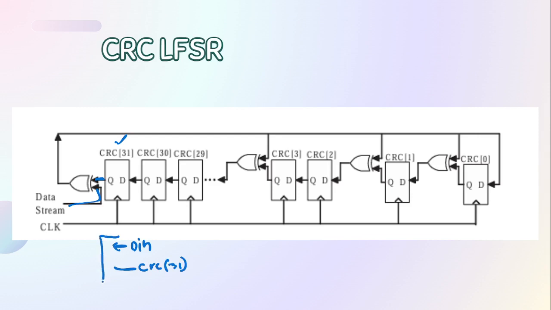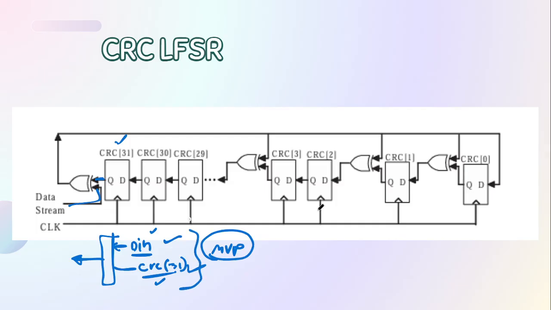These two in any given step are the most valuable players. Most valuable players at any given step are DIN and CRC31. And so when we do the breakdown of the table, remember that these would be the most important. When you think logically about them, you will focus on DIN and CRC bit 31, the state bit 31. Or if you're computing CRC64, it'd be the same thing. It'd be CRC bit 63 and your DIN. Those would be the key things.